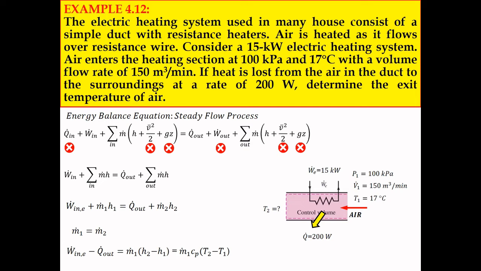From the value of H2, we use the ideal gas of air table to determine the value of T2, normally through interpolation. However, if you use the second equation involving the temperature difference, M1 dot Cp multiplied by T2 minus T1, we can obtain the value of T2 directly from the equation. So for this problem, we choose the second equation.